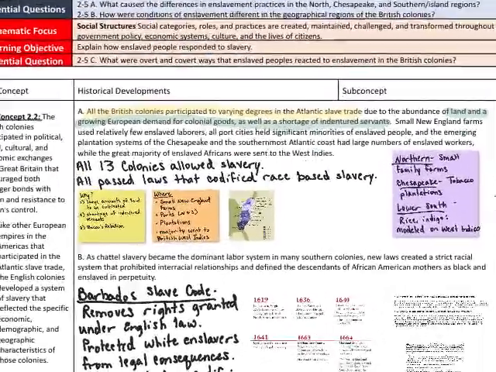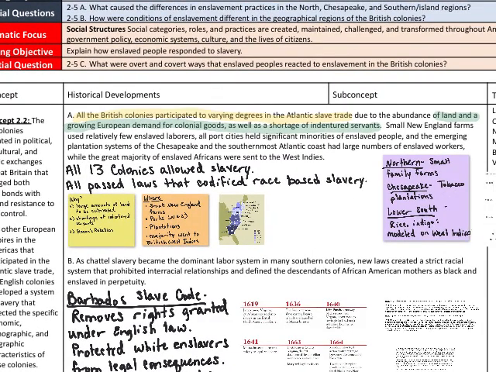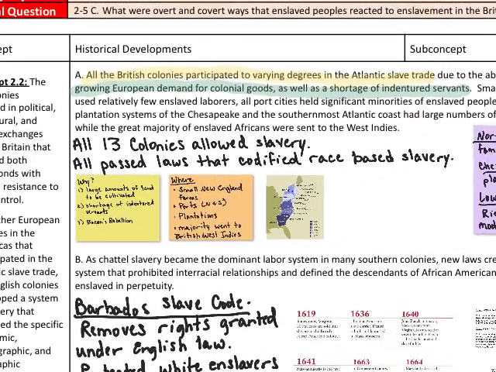All right, so for part A, all British colonies participated to varying degrees in the Atlantic slave trade due to the abundance of land and a growing European demand for colonial goods, as well as a shortage of indentured servants. So all 13 colonies allowed and practiced slavery to varying degrees.